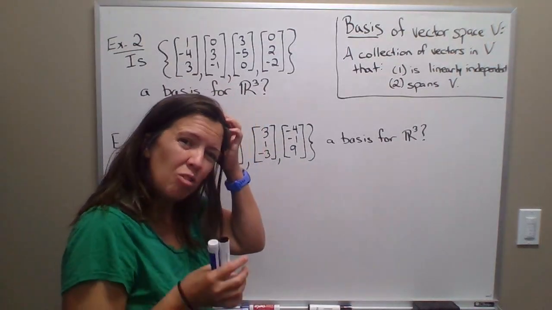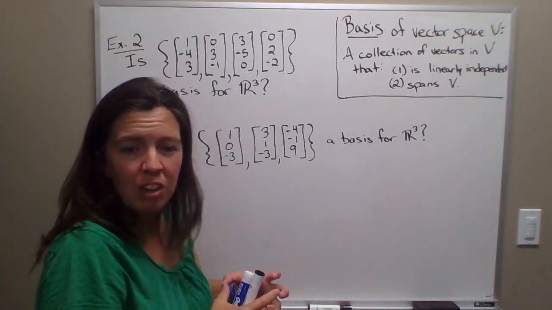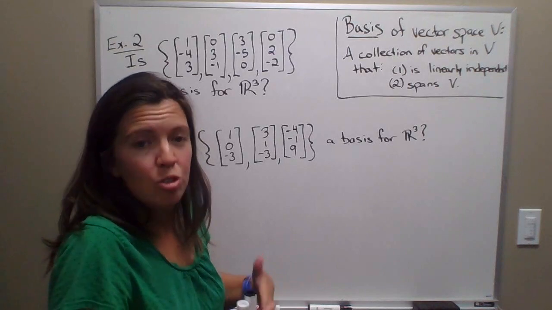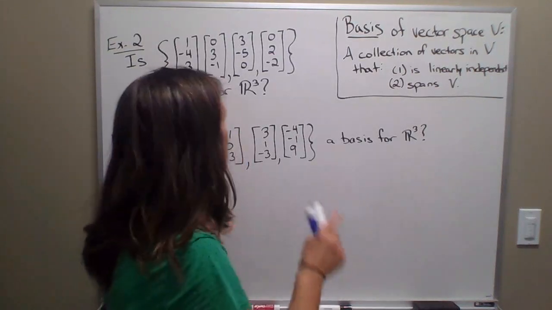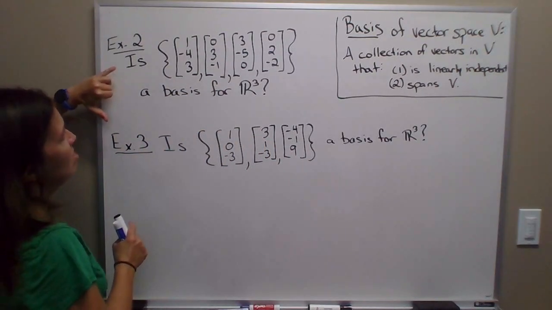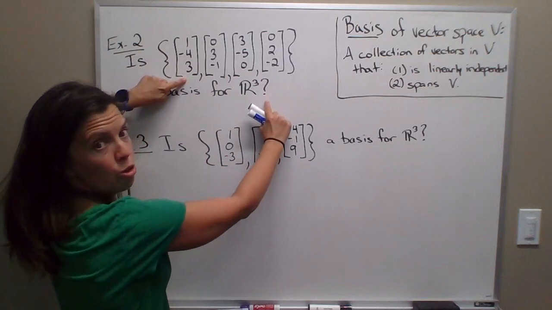And that's one way to think about a basis: it's a collection of building block vectors where each vector in this set is essential. There's no redundancies.